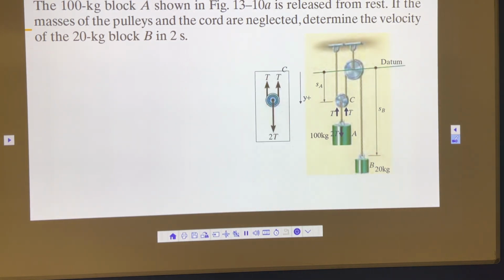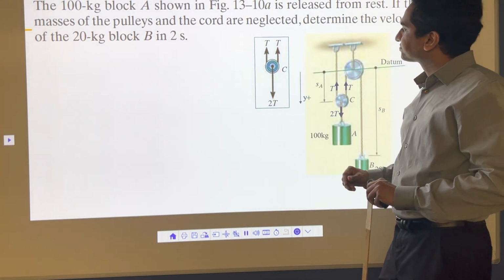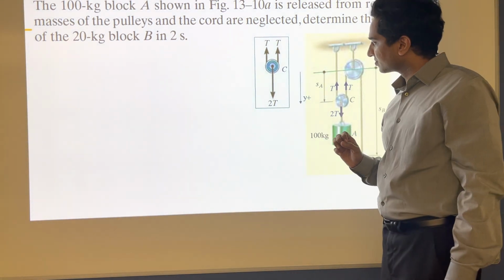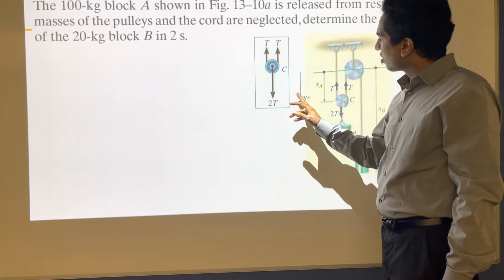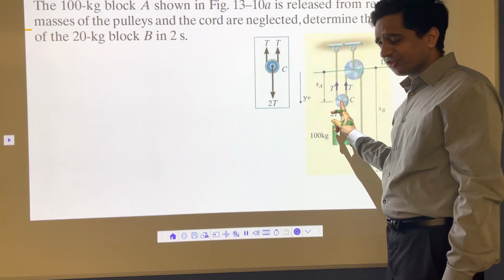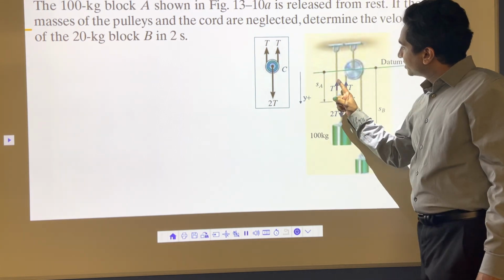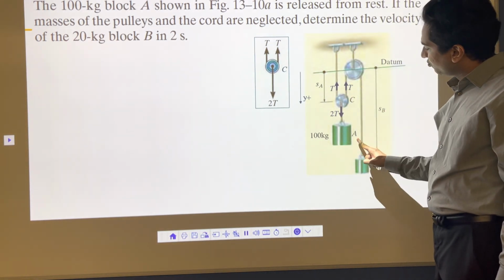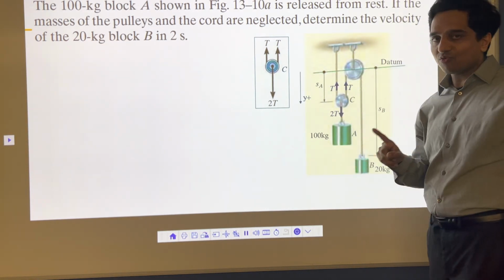Now, to solve this problem, this is important. First we draw a free body diagram of this one. Here, for this pulley, there is a tension force, tension force, tension force. So we have one rope, we will have one tension force.